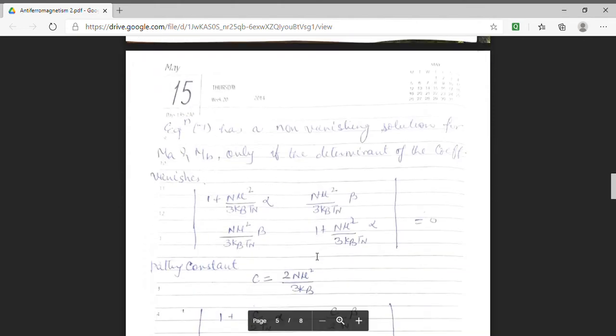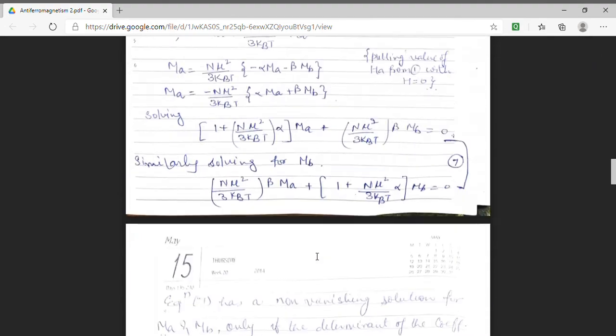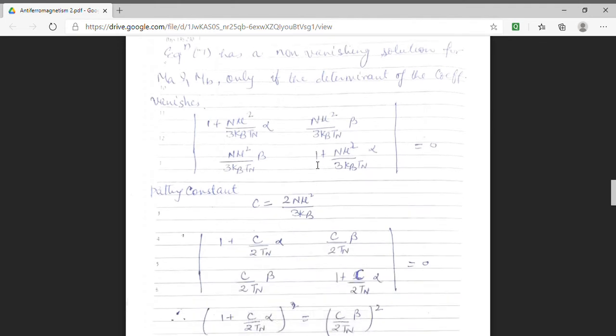So forming the determinant of Ma and Mb from these two expressions, and as I have already stated that constant C is equal to 2n mu square upon 3kB, I am expressing my determinant in terms of Curie constant C, and here we have used T equal to Tn.